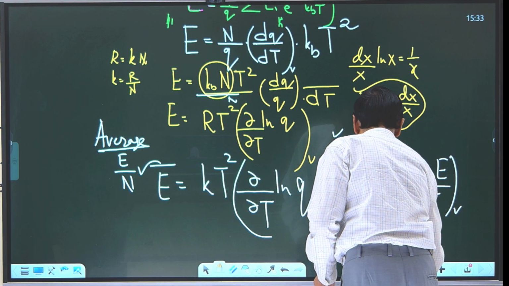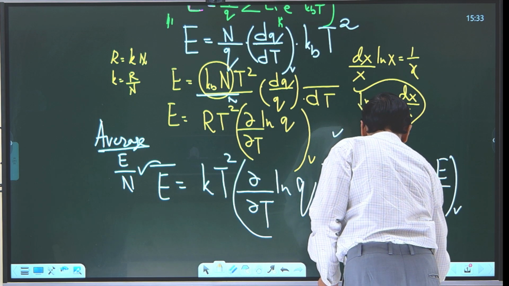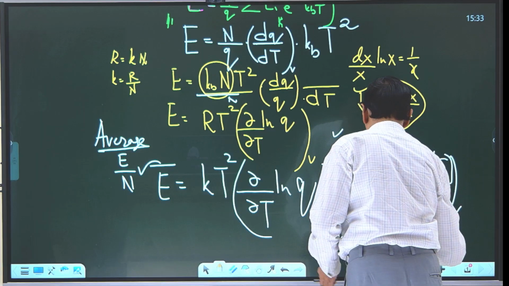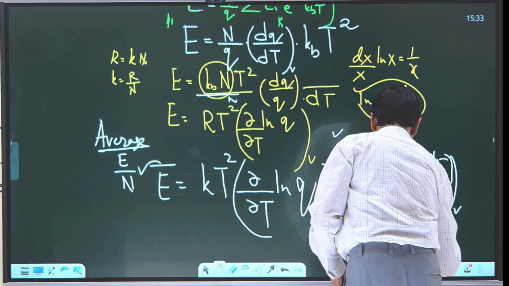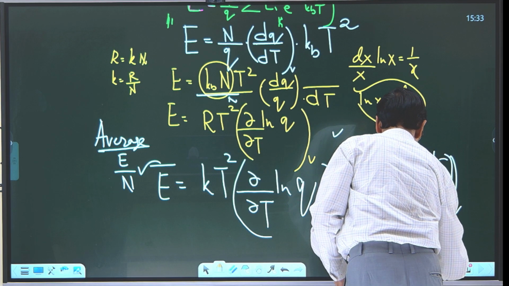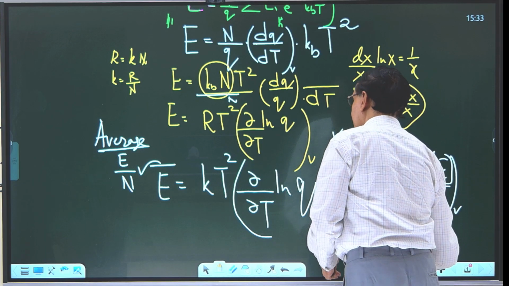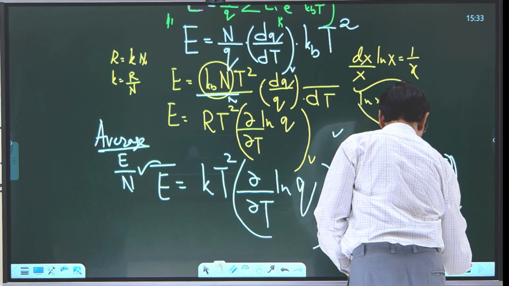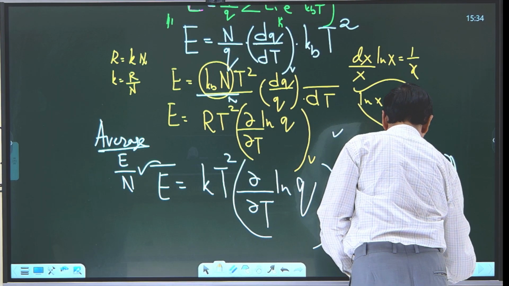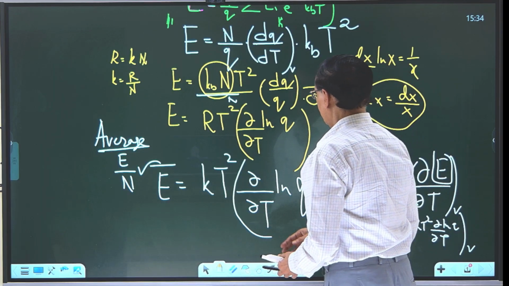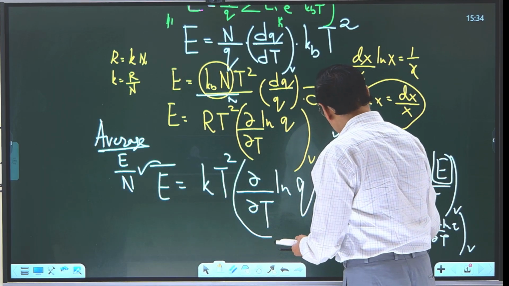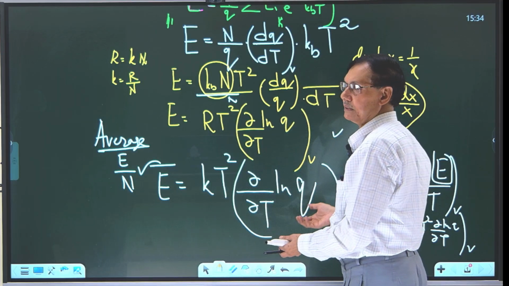I have to use CV is equal to d by dt, and in place of E we know. So if I can write like RT square d by d natural log of T at constant volume. तो फिर हम सीबी निकालेंगे तो सीबी से फिर एंट्रोपी निकालेंगे.